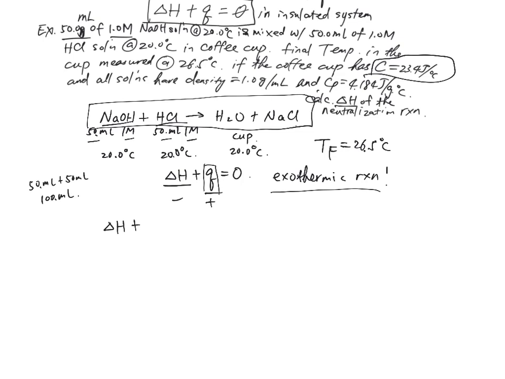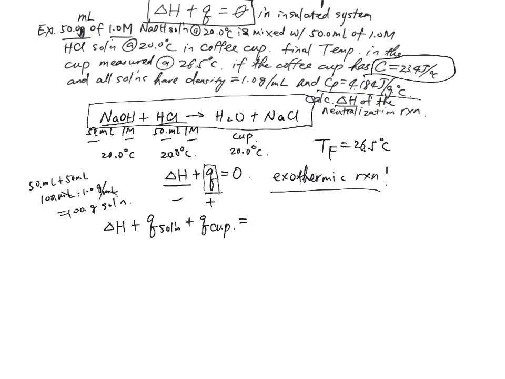But I have Cp for the solution, so I really don't need milliliters, and the density is 1.0 grams per milliliter. So I really just have 100 grams of total solution. So I can do Q of the solution, and obviously I can do Q of the cup.